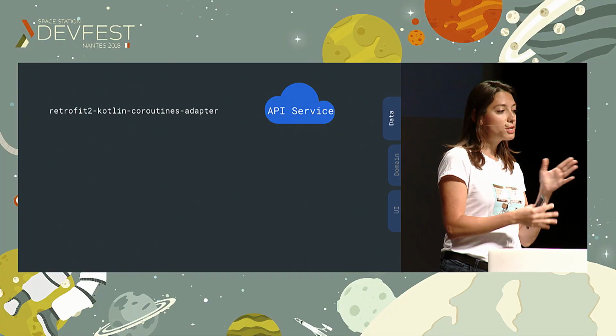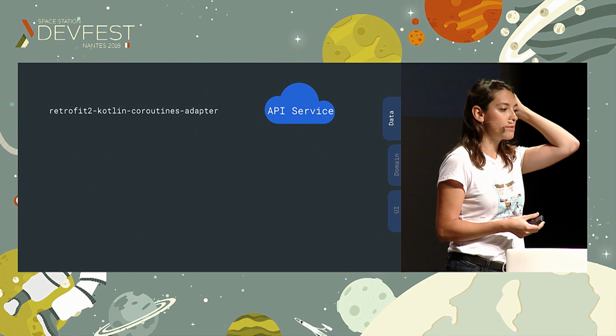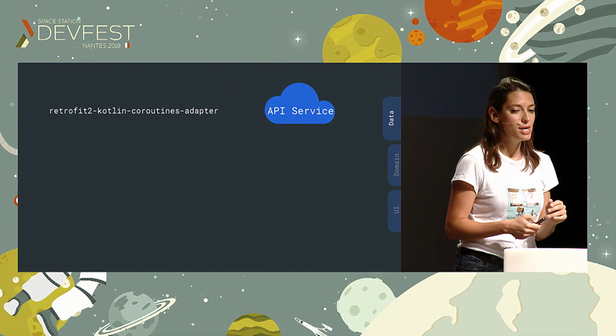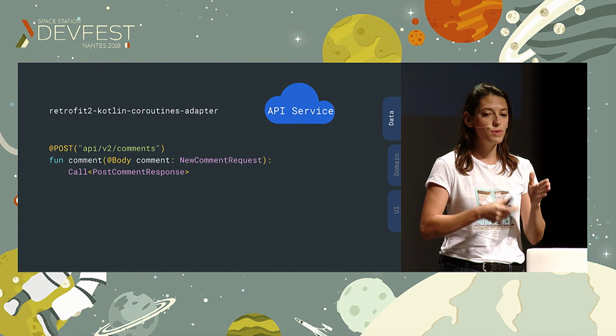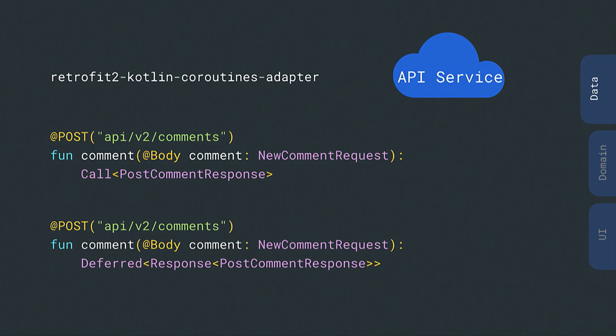So let's start with the data layer. The first one is the API service. In the API service, we use the Retrofit2 Kotlin coroutine adapters. This allows us to replace the call we would initially return with a deferred class.